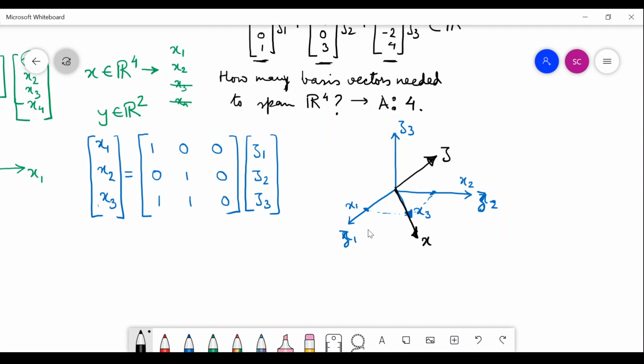So it is only a one-way transformation, not a bidirectional transformation. A bidirectional transformation only happens when your transformed space has the same dimension as the original space.